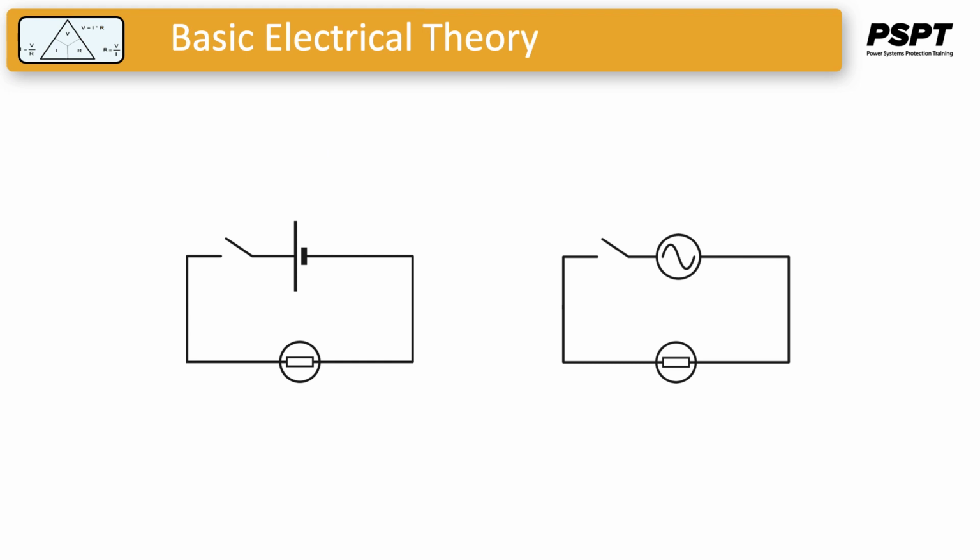Starting with two simple circuits, one DC, one AC. That is, each with the same load, but one driven by a DC source and the other driven by an AC source.